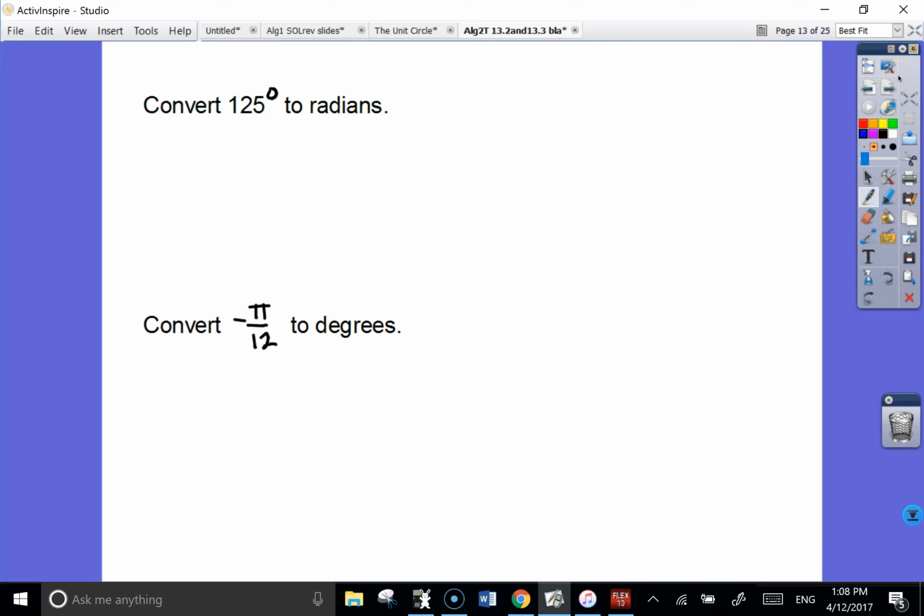So convert 125 degrees to radians. We're going to take 125 degrees, and then which one of those two are we going to multiply by? You're going to multiply times pi divided by 180 degrees. You need it that way, with the degrees in the denominator, so that the degrees in the numerator cancel with the degrees in the denominator. And then the pi, which is in radians, is in the numerator. That'll be the units of this answer.